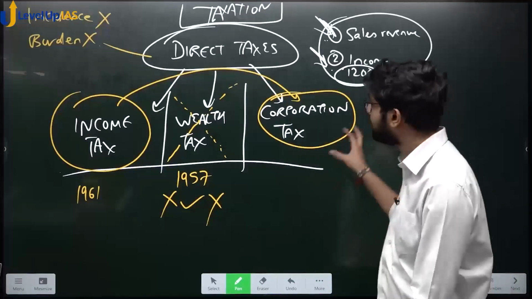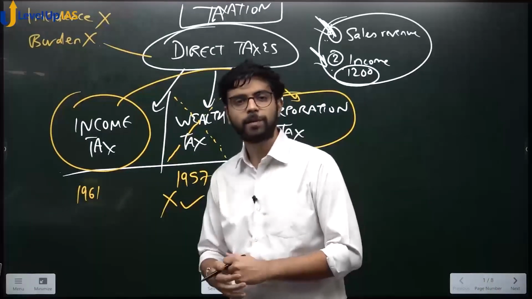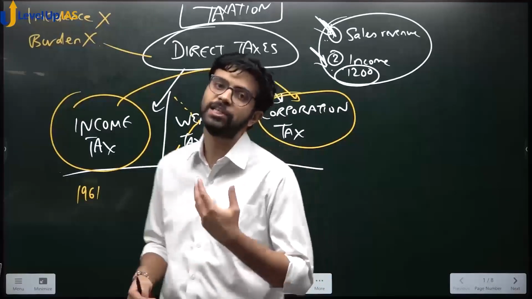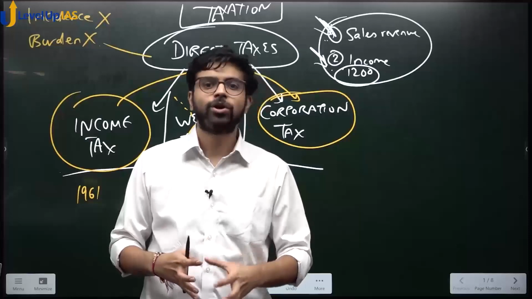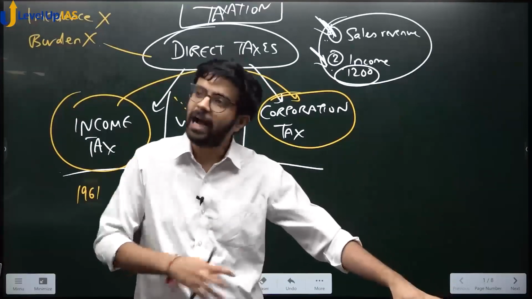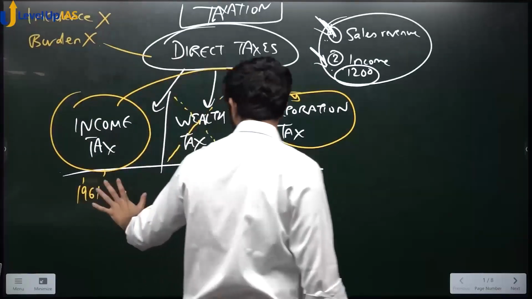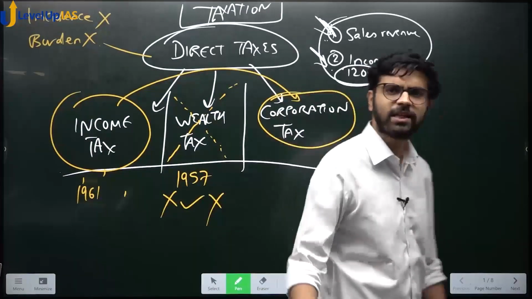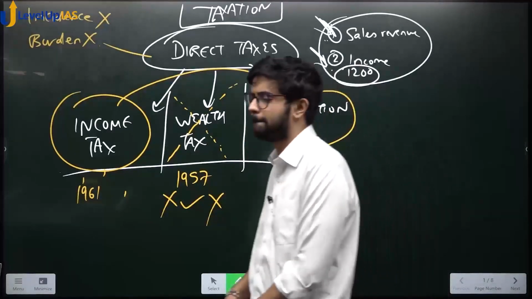So corporation tax is nothing but a type of income tax, but for the purposes of analysis, budgeting and financial management, the government divides the total income tax collected into income earned from corporations and income earned from others. Anyone else will come here, and only corporates will come there. So it is nothing but income tax, the same.